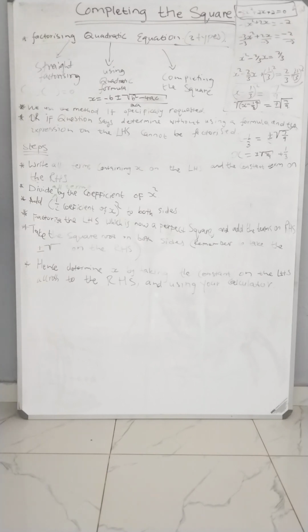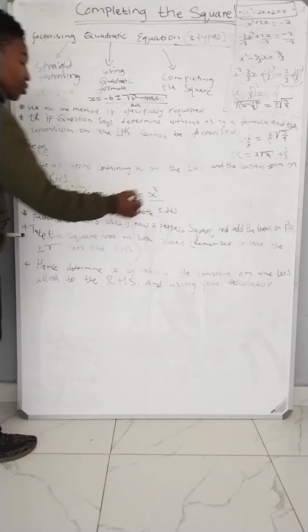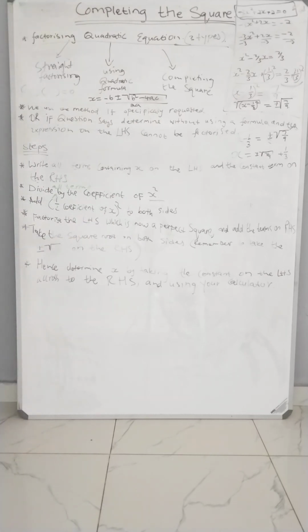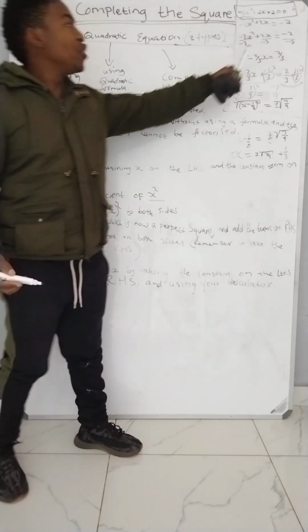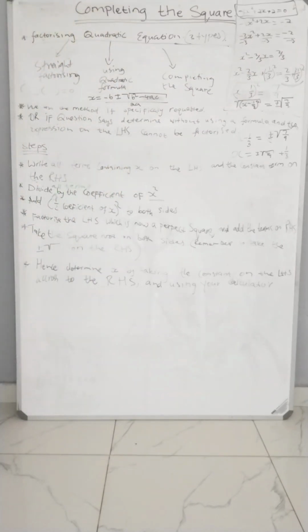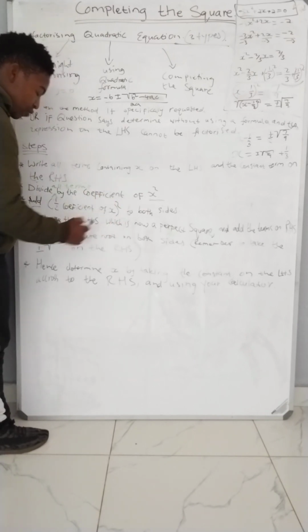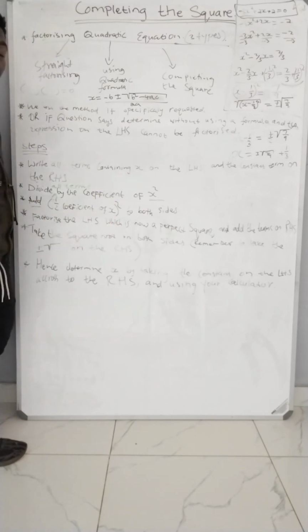Okay, now we work with the coefficient of x squared, which we divided all terms with. Now we are going to work with the coefficient of x, not x squared now, x, right? So we're going to add half of the coefficient of x, squared.